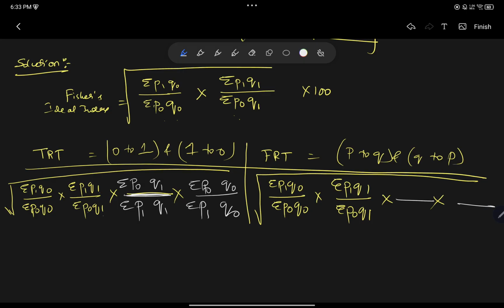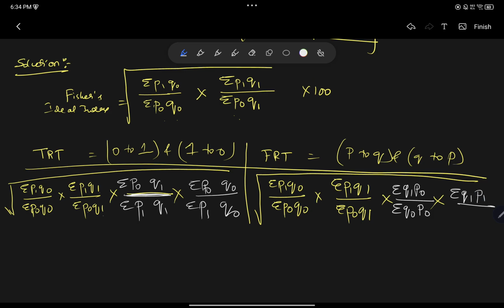Here time is reversed. Okay, now we need to reverse the factor, that is price into quantity, quantity into price. So what do we need? Summation of P1, we will make it Q1. Q0, we will make it P0. Summation of P0, we will make it Q0. Q0, we will make it P0. Next, summation of P1, we will make it Q1.